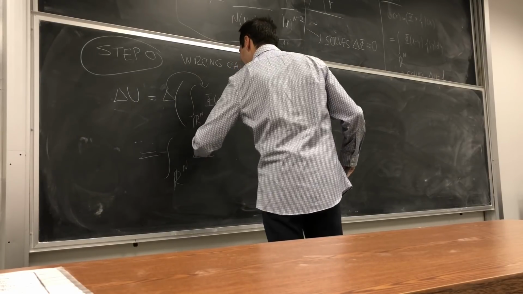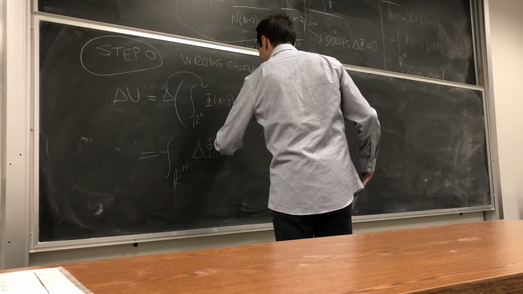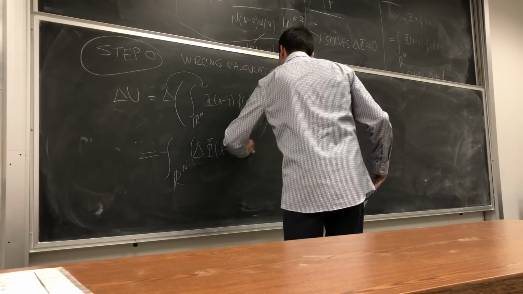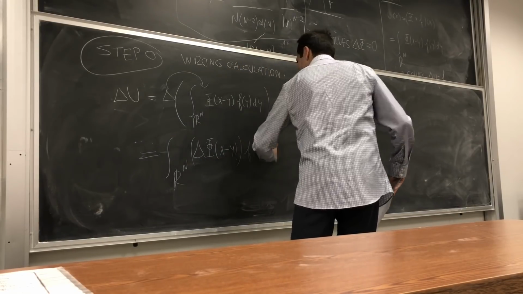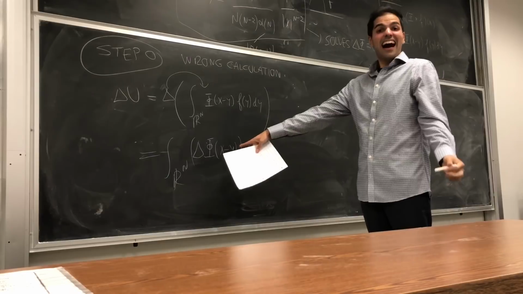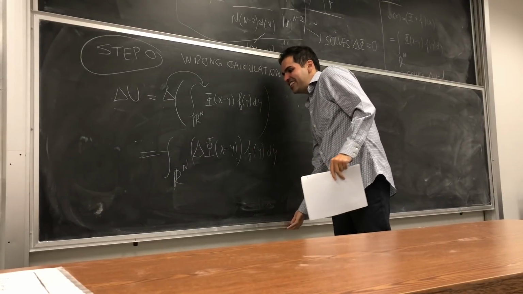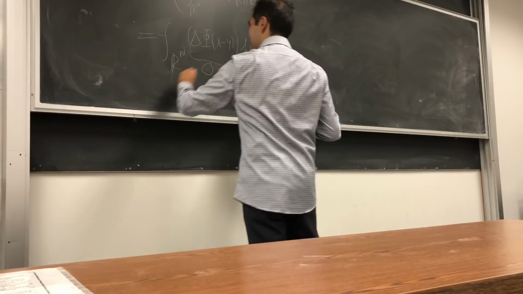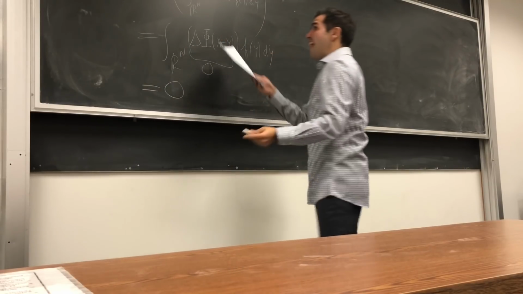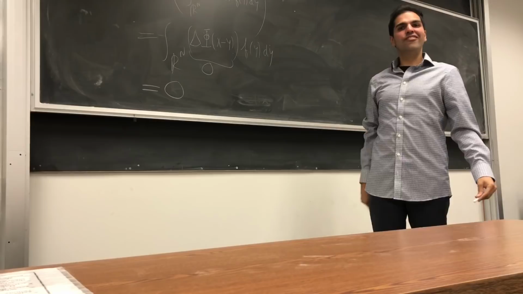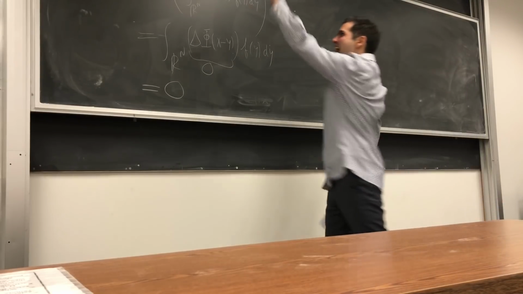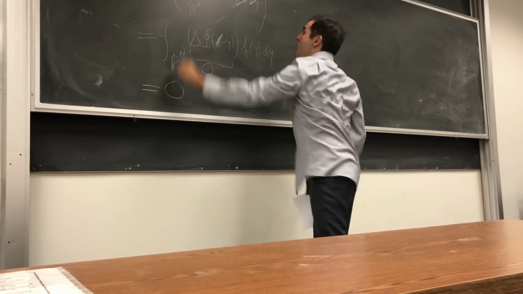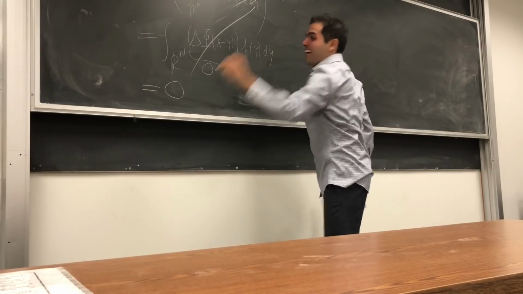So you get the integral of Laplacian of phi of x minus y times f of y dy. But hey, I just showed in a previous video that this is 0. So in fact, this becomes 0. So in fact, the Laplacian of u equals 0. Whoa, okay. Not again. Wrong!